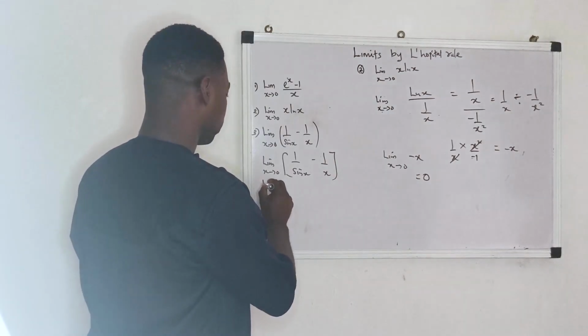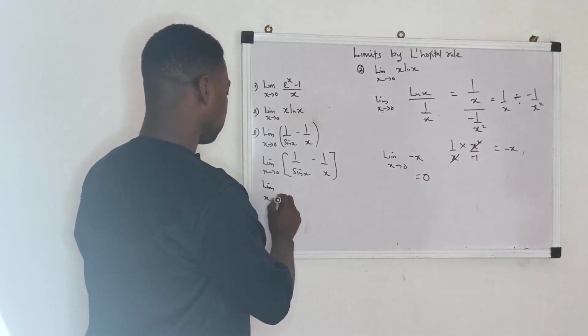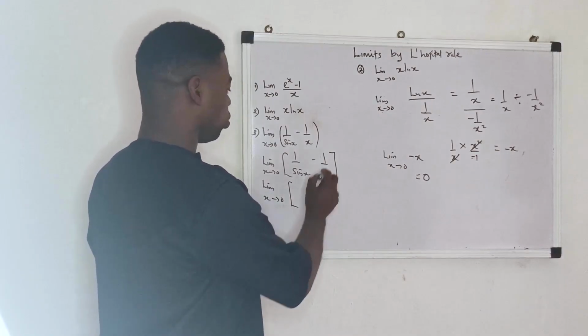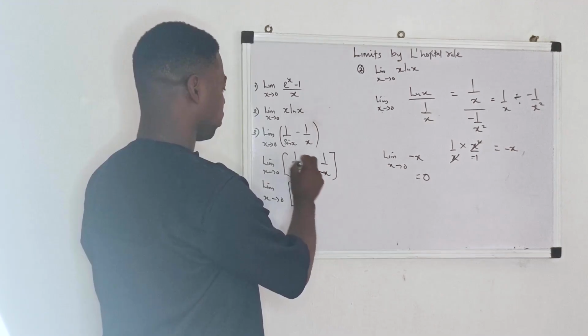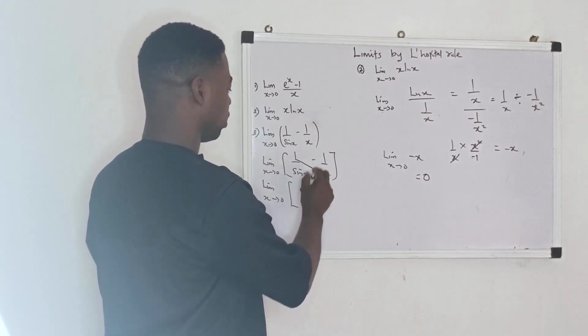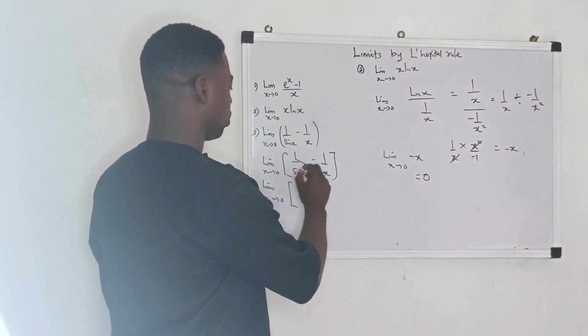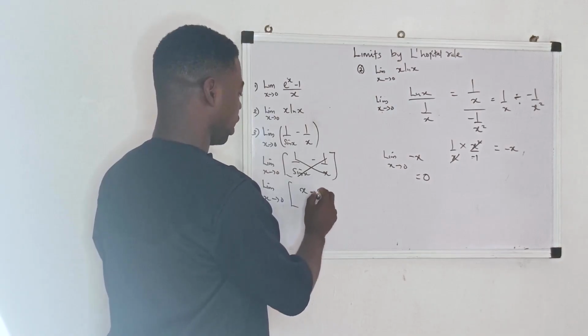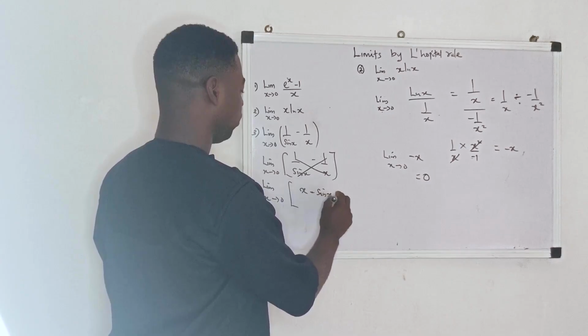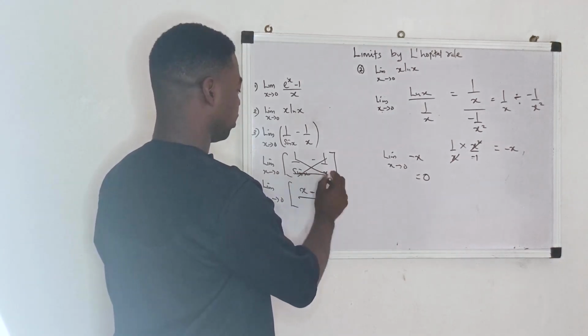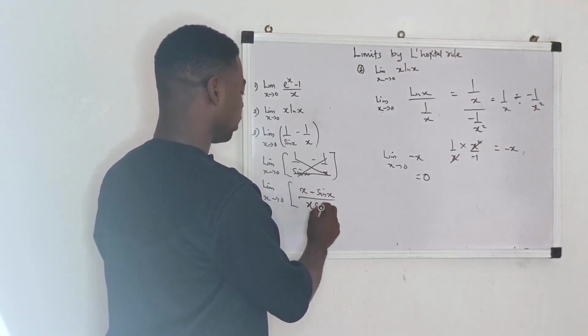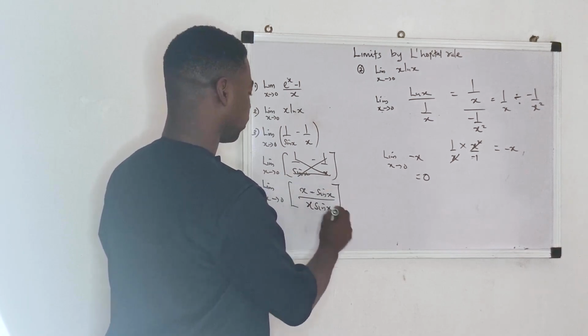So this will be the limit as x approaches 0 of x minus sine x, divided by x sine x.